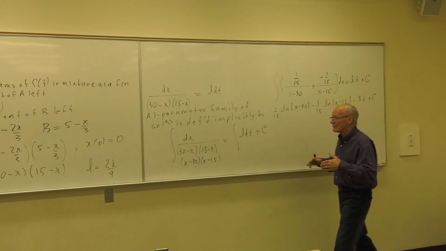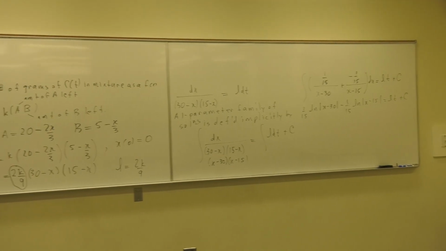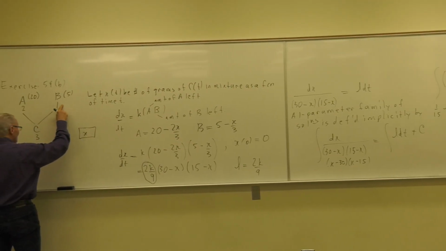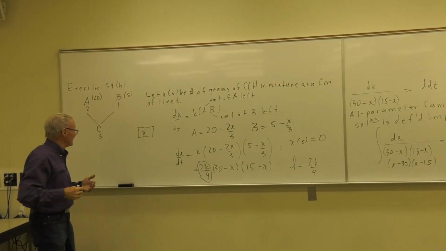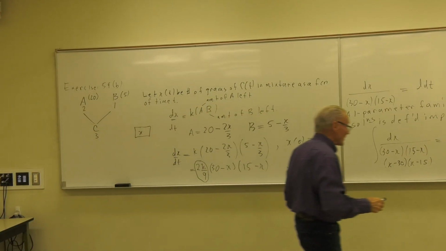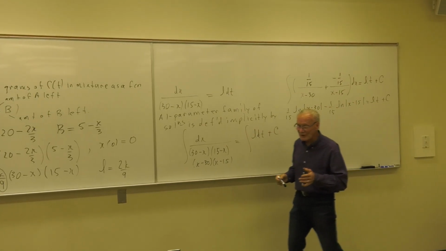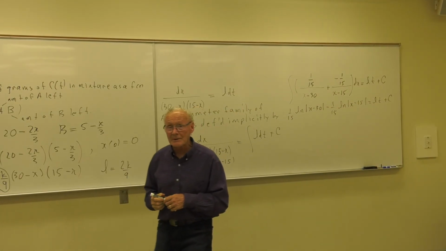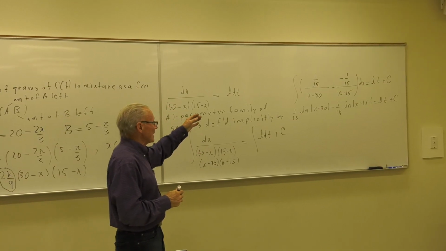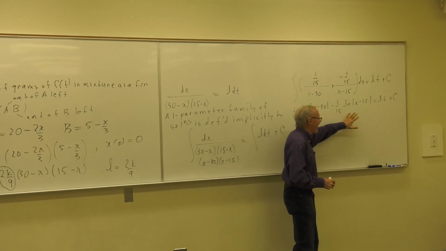And what's the largest value that x can be? If we start with 5, and it's a ratio of 1 to 2, is not the maximum amount of c going to be 15? So again, this is always going to be negative, so it's a good thing that we put the absolute values in. Now I want to say, what we said here, a one-parameter family of solutions defined by.